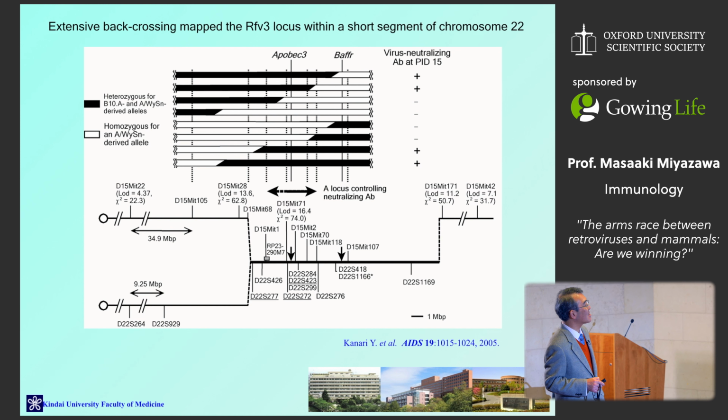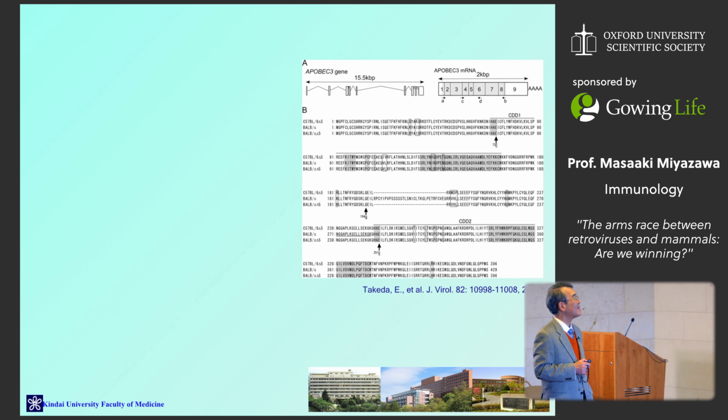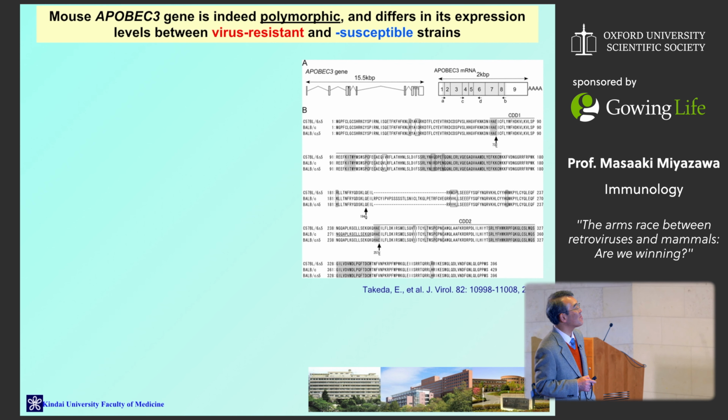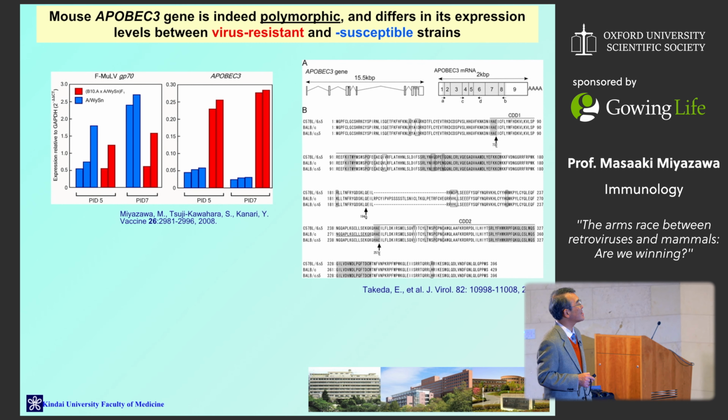And in the center of that candidate area, we found ApoBec3. And we actually found that mouse ApoBec3 gene is very, very polymorphic and differs in its expression levels and amino acid sequences between susceptible and resistant strains.